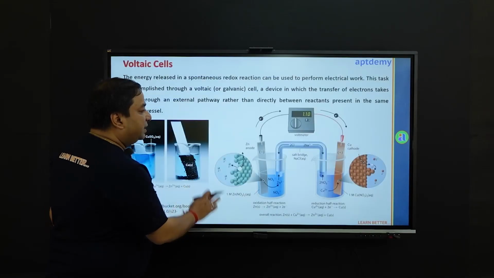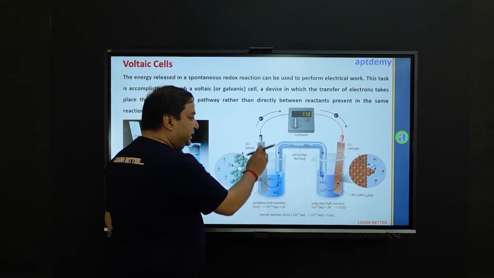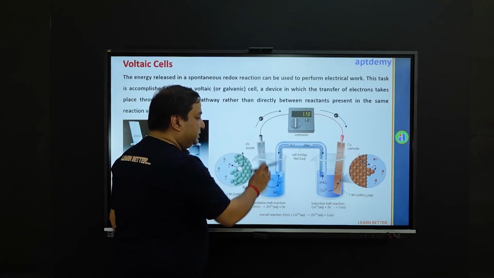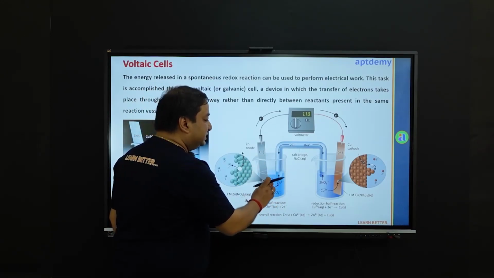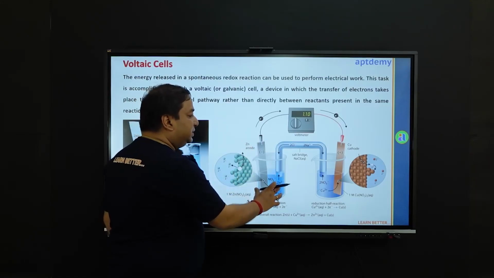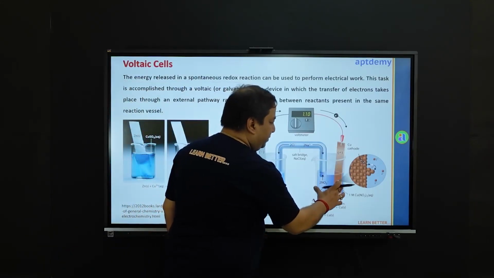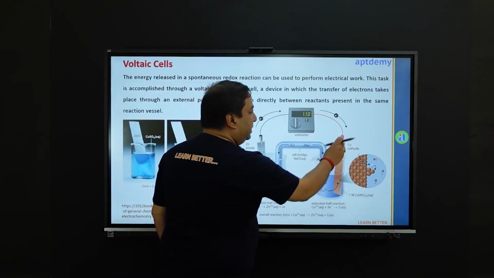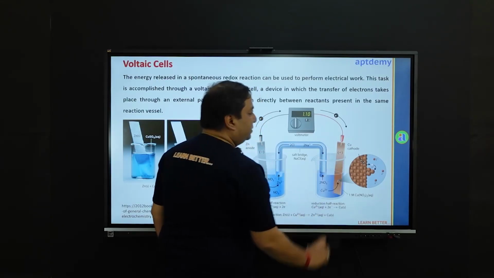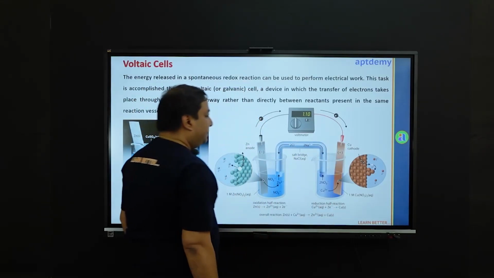So let us just go back. So over here, this compartment having the zinc electrode and the solution having zinc nitrate inside it constitutes one half cell. Similarly, over here, this beaker having the copper nitrate solution and a copper electrode inside it is constituting another half cell.